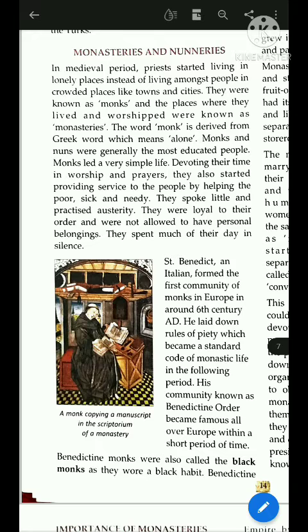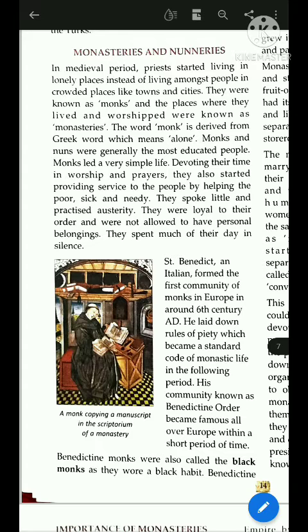Now, Monasteries and Nunneries. In the medieval period, priests started living in lonely places instead of living amongst people in crowded places like towns and cities.